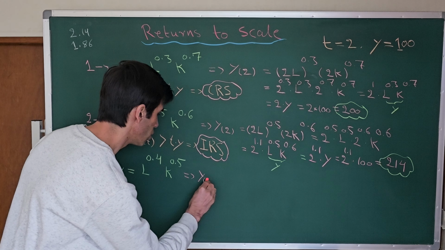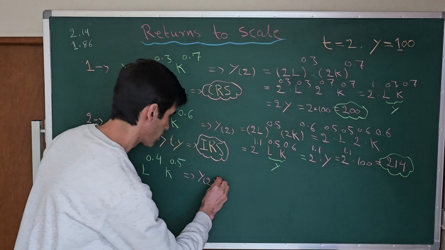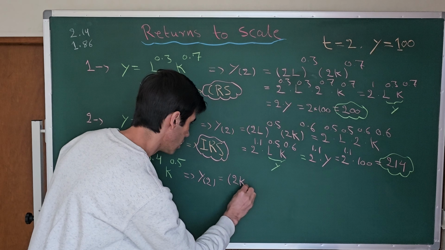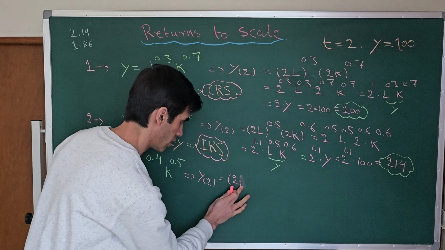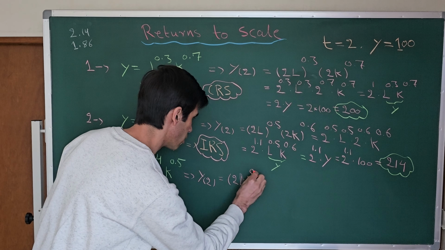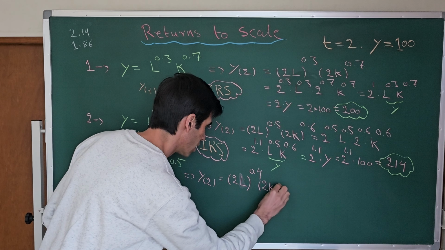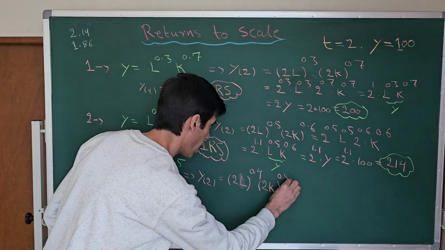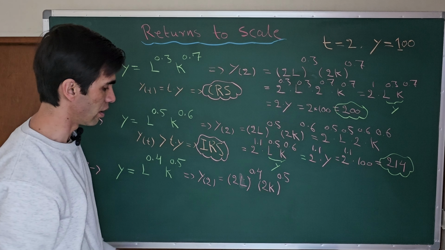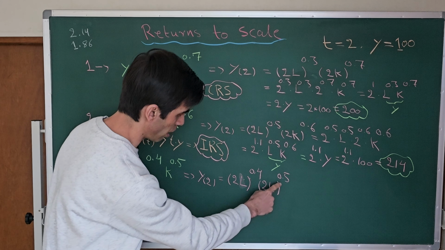Again, y of t, after scaling inputs by some amount, 2, we will have 2L to the power of 0.4 multiplied by 2K to the power of 0.5. Then let's make it very short: 2 to the power of 0.4, 2 to the power of 0.5.